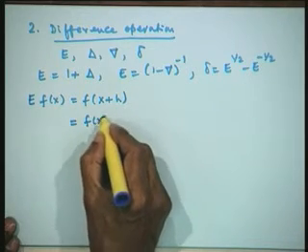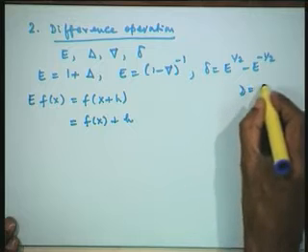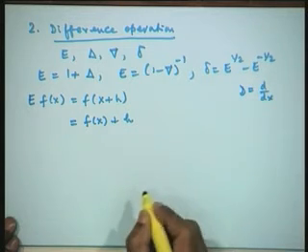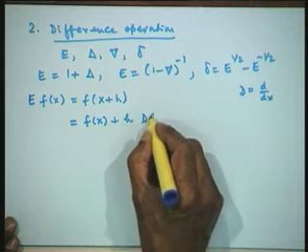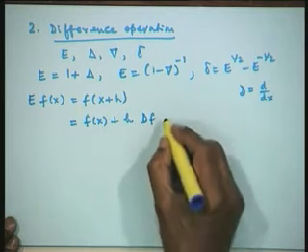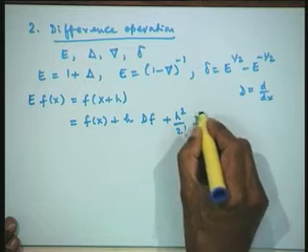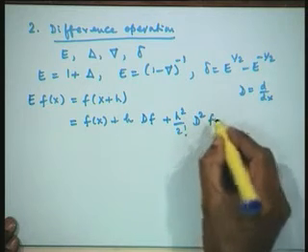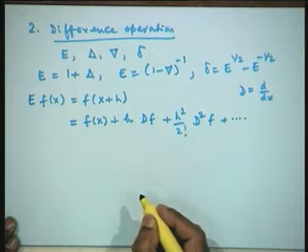So, this gives f x plus h. Now, I will use D for d by dx. Therefore, instead of f dash, I will write D of f x, h square by factorial 2, second derivative, that is D square of f x, and so on. So, this is my Taylor series.